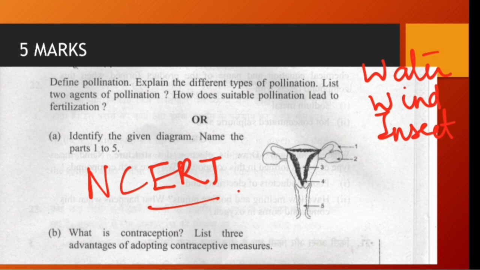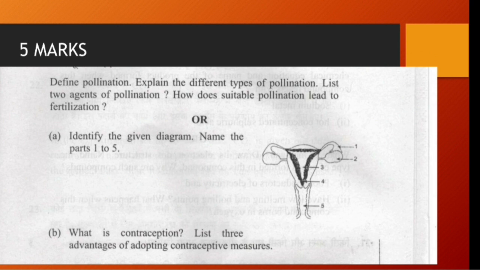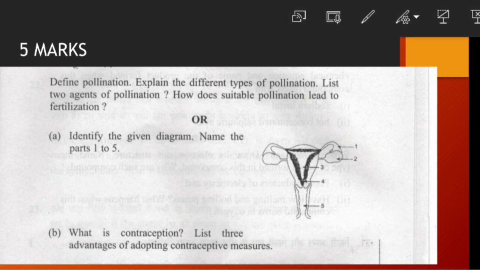Then, what is contraception? List 3 advantages of adopting contraceptive measures. Contraception is a method or a device used to prevent unwanted pregnancy. What are the 3 advantages of contraception?